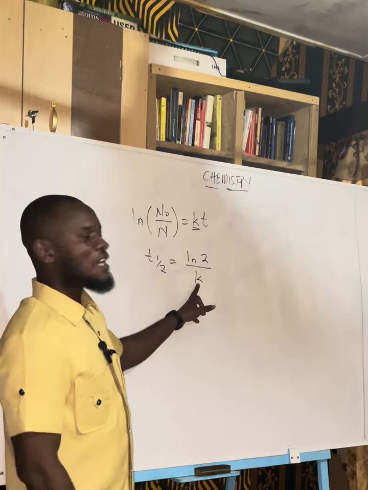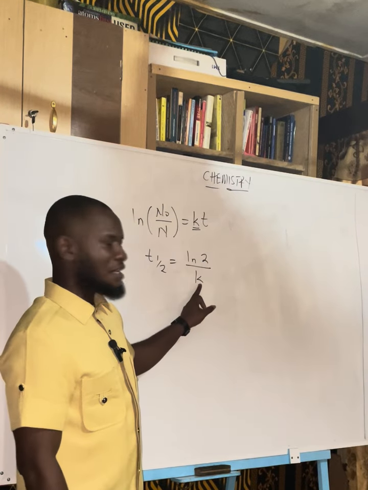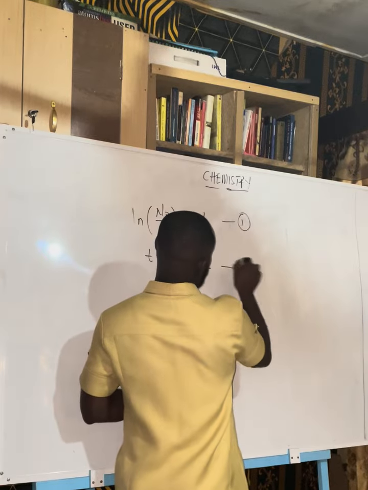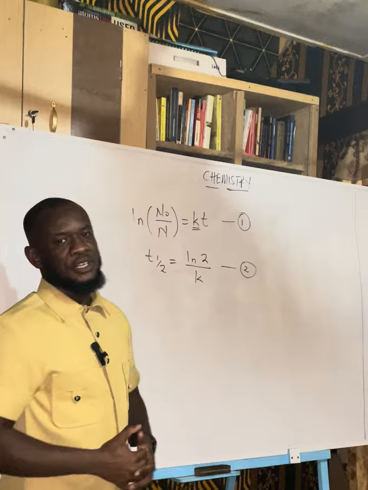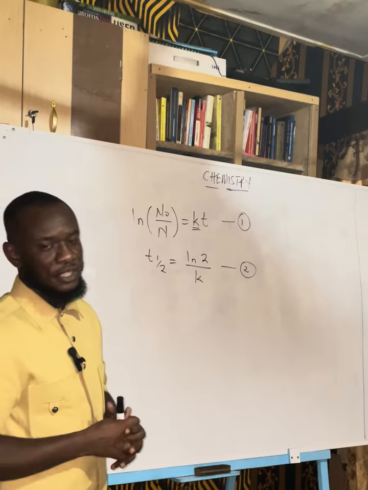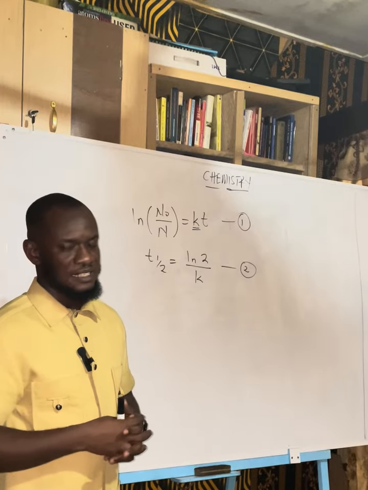So if we find our k from this expression, then we substitute our k in this equation 2, then we can find our half-life. There are a series of exercises I've posted which you can try your hands on, then we can deliberate on the answer.